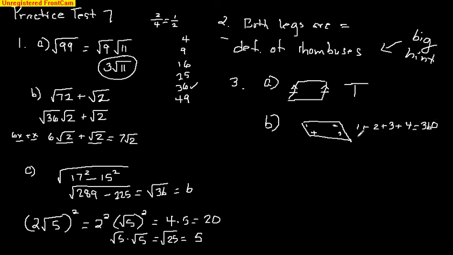Well, if they're all acute, acute means less than 90, then even if they're each 89, they're going to be less than 360. So that one's a big fat false.